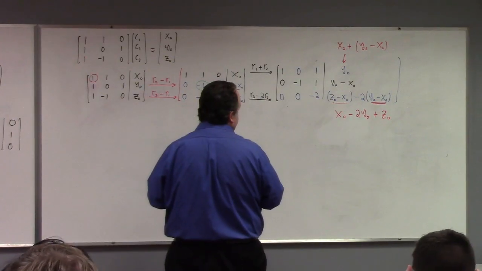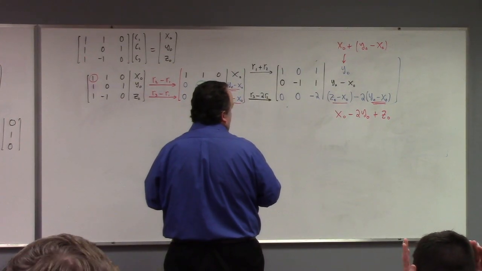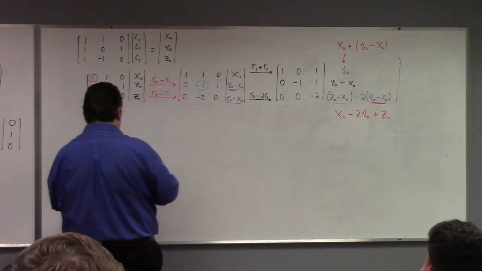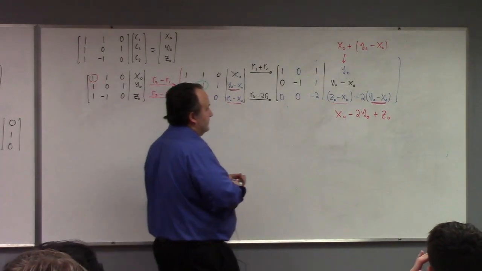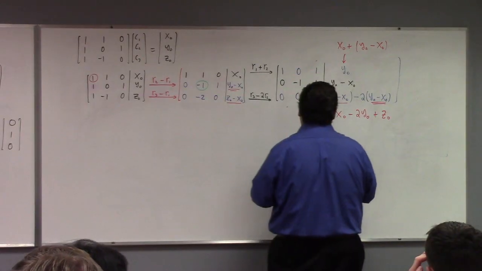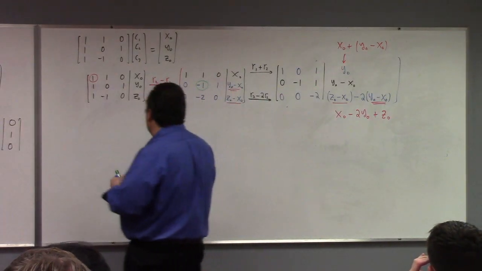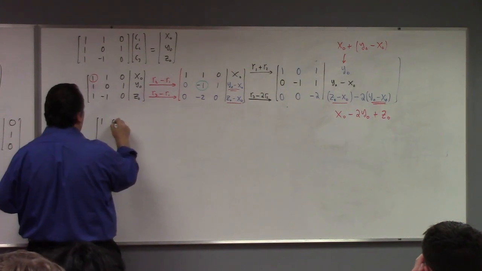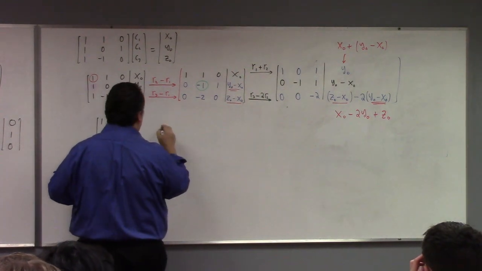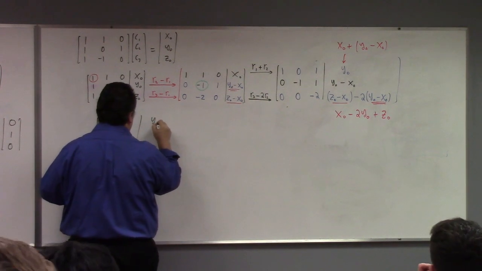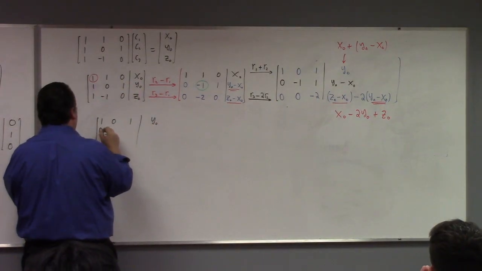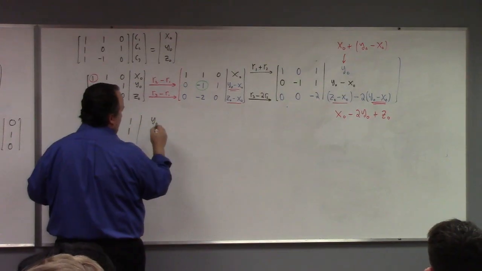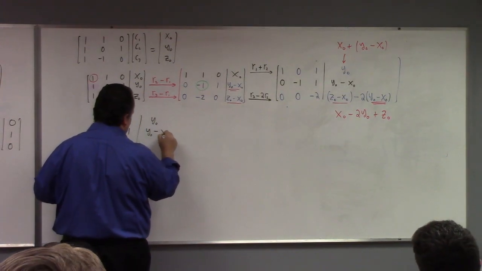All right, one more move. So we have now, rats, fine, I'm this far in, I gotta finish it. We've got 1, 0, 1, y naught. 0, minus 1, 1, y naught minus x naught.